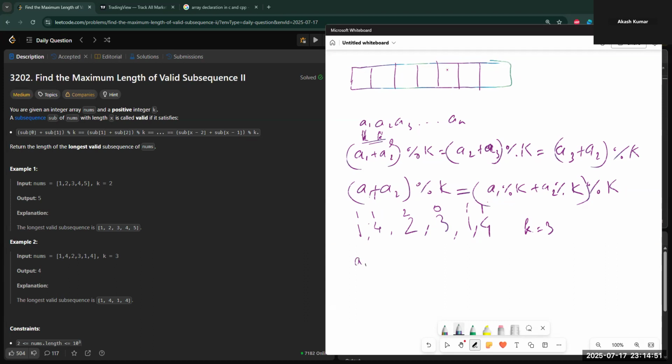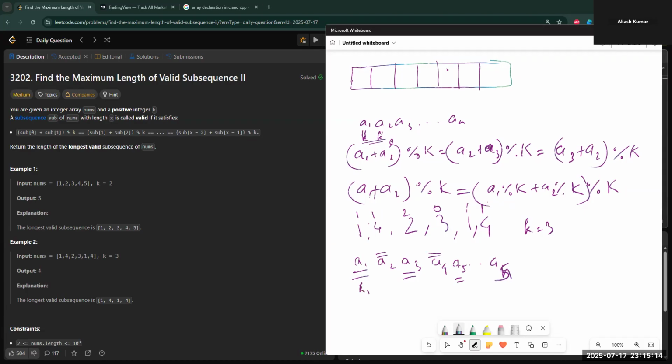We need to see that if the sequence follows the property, then every alternate element's modulo should be equal; they are modulo congruent.